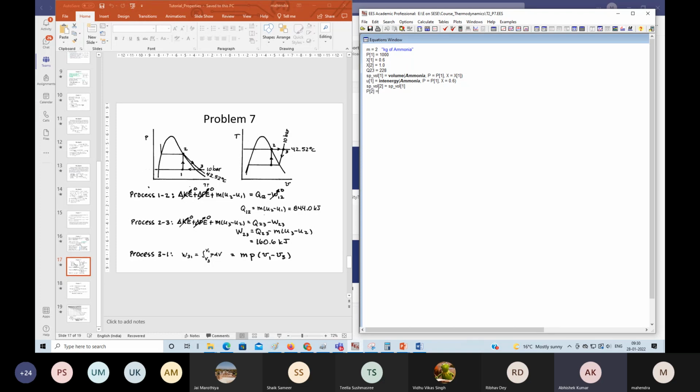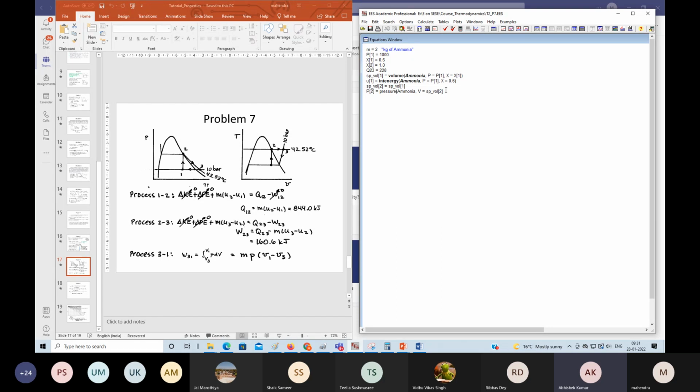Pressure. Okay, then ammonia. Okay, then what are the two independent parameters we know? One, we know specific volume. The next one, its dryness fraction we know. So V equal to specific volume 1 or 2, anyhow.